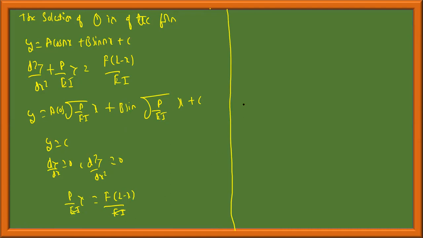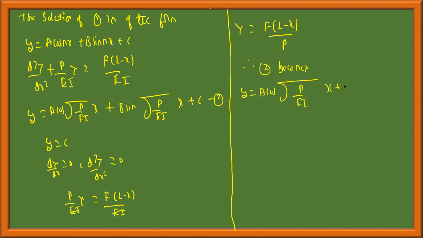This will cancel, so y is equal to f of (L minus x) by p. Y is equal to c. Therefore 2 becomes y is equal to a cos root(p by EI) into x plus b sin root(p by EI) into x plus f of (L minus x) by p.